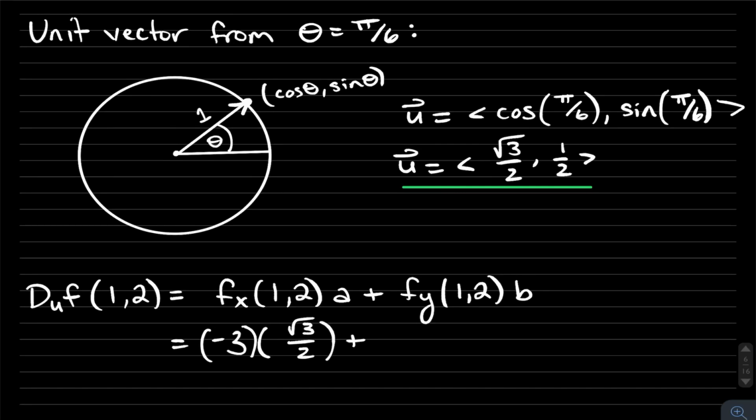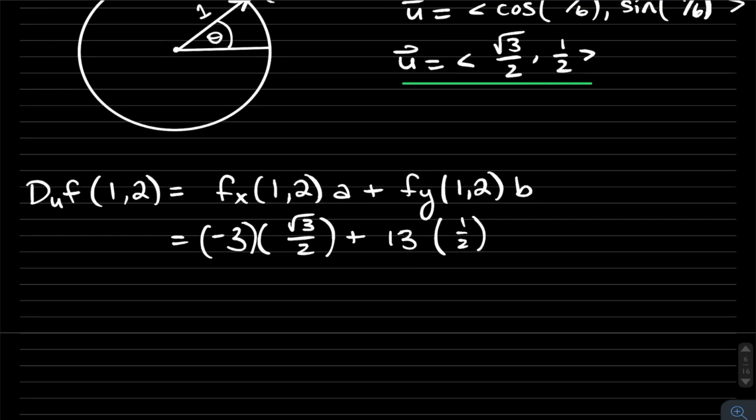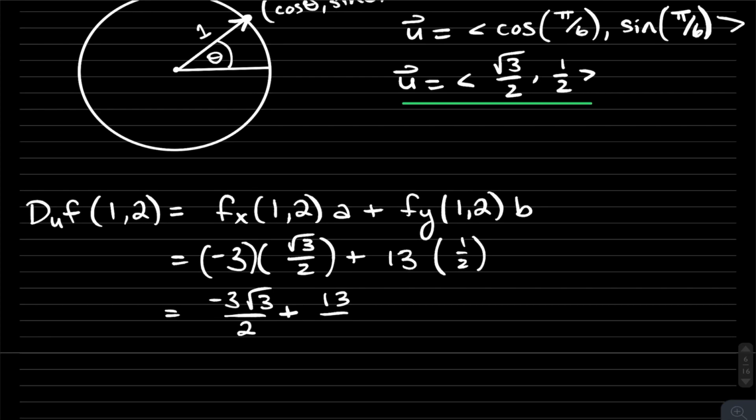Our f sub y is 13, and our b is 1/2. Okay, and so now we have negative 3 times the square root of 3 over 2 plus 13 over 2. And we can combine that as 13 minus 3 rad 3 over 2.